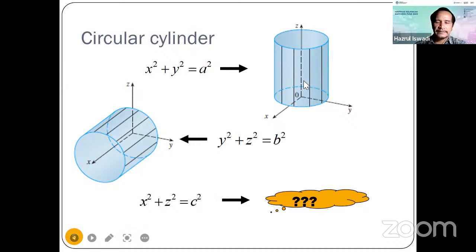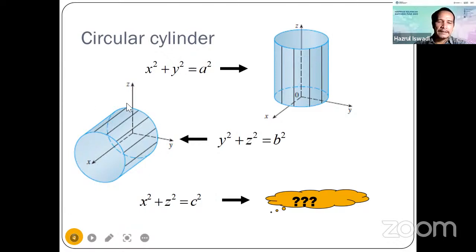The circle moves along the z axis as the axis, or we call it sumbu.